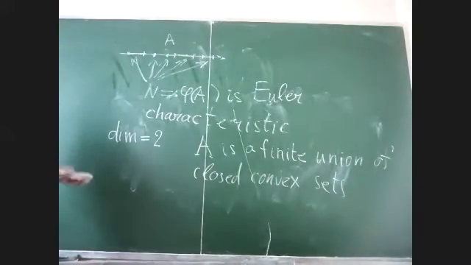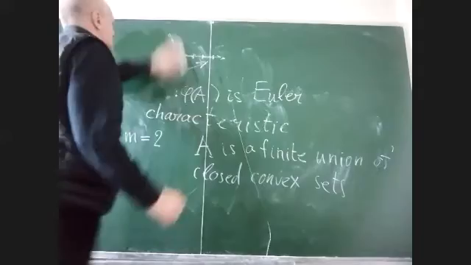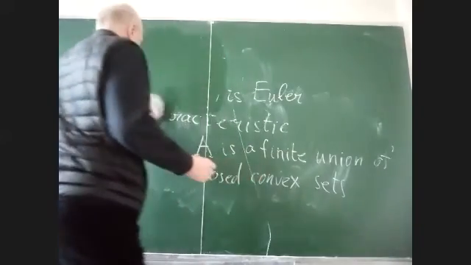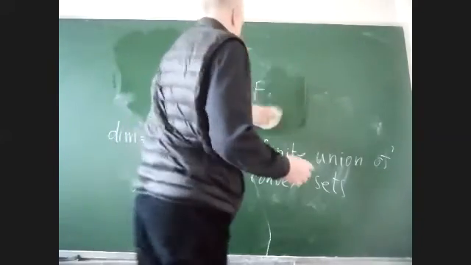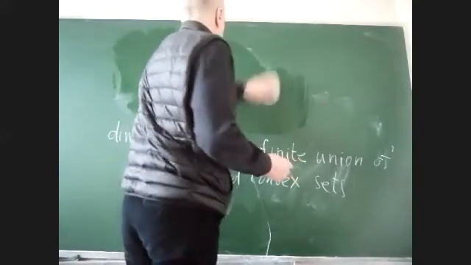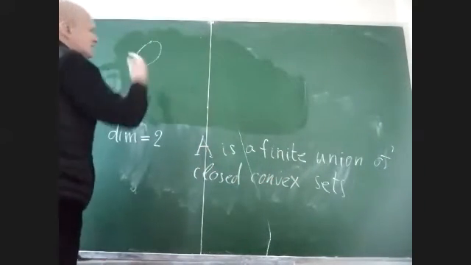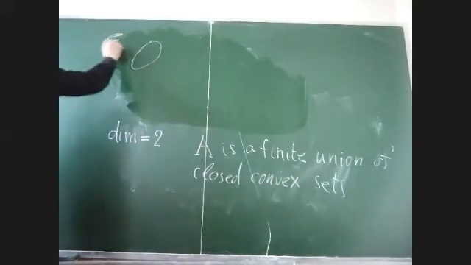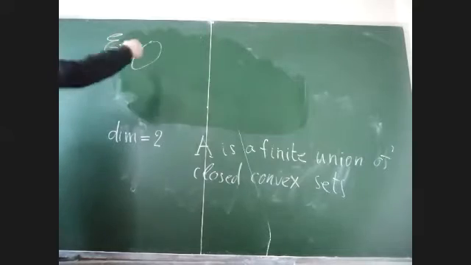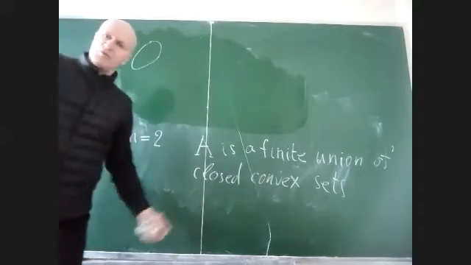So it can happen that A, for example, has the following form. This is an example of the set A, just one convex set.